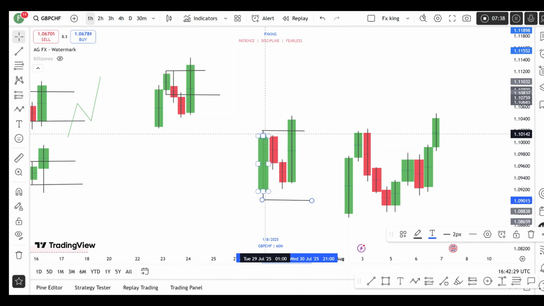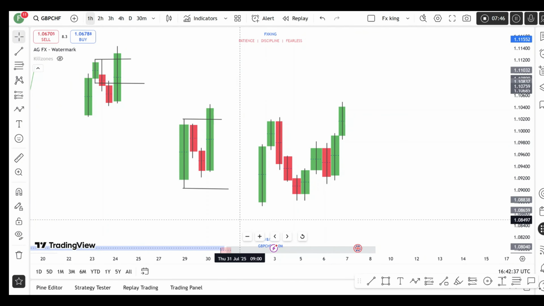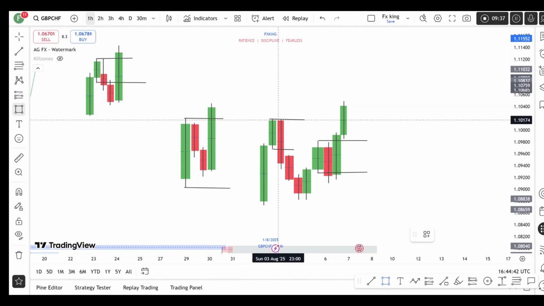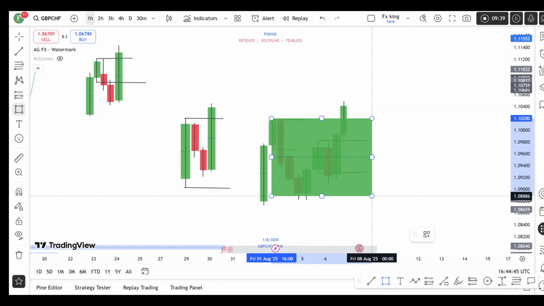So this is how we identify pullbacks. Let's go over to this pullback here. This will be the last example for the bullish scenario. Looking at our screen, we have our highest candle as the market is going up, and we have the high of this candle which starts from this side. Let me fix that.